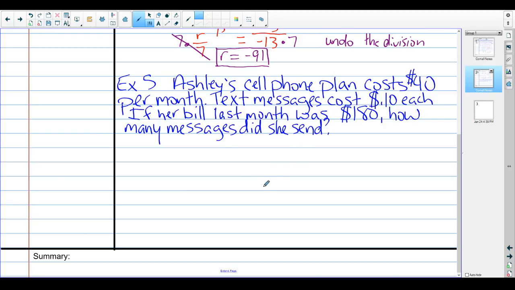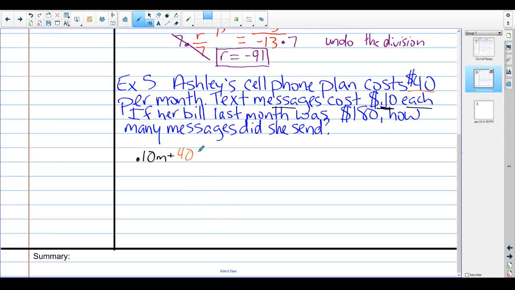That's okay. So we need to come up with an equation for this. 2 things we're looking at. One of them is the rate. It was 10 cents for each message. So we can say part of our equation is 10 cents times the number of messages she sends, right? But she also has to pay a monthly fee, which was $40.